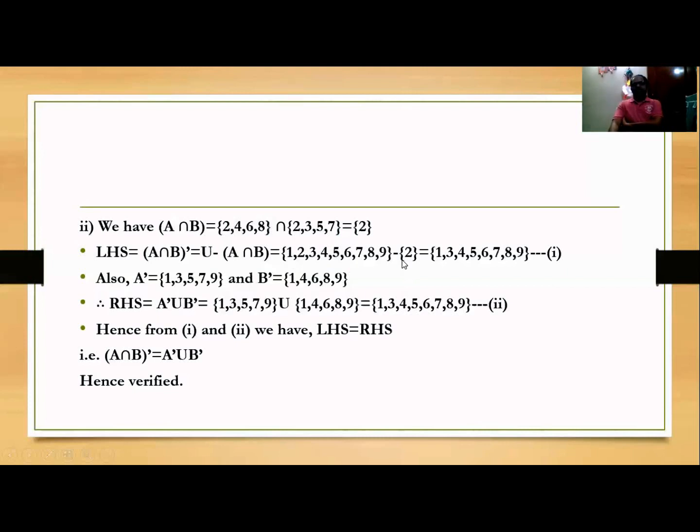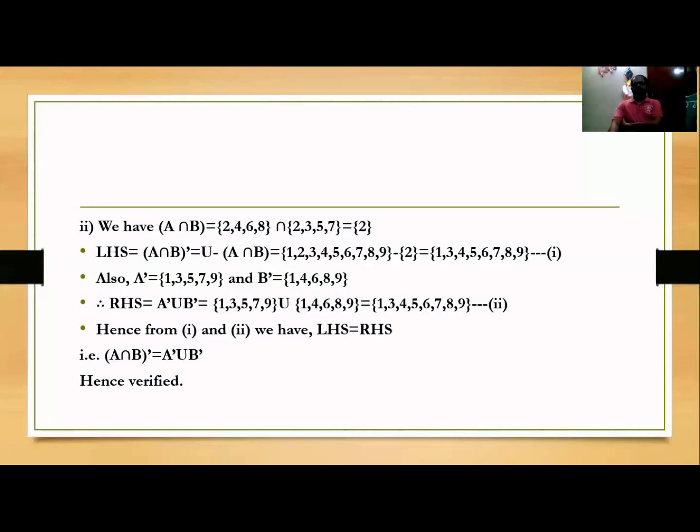Since A intersection B contains only one element, if it is present in U, we delete it from the set U and then write down the remaining elements from the set U. So removing this 2 gives us the complement of A intersection B as 1, 3, 4, 5, 6, 7, 8 and 9, right?